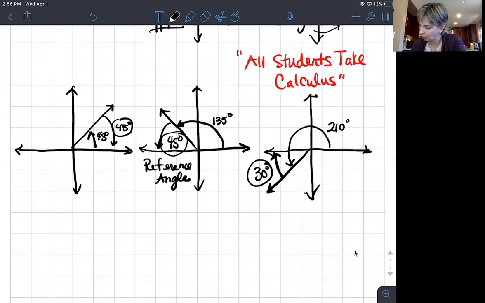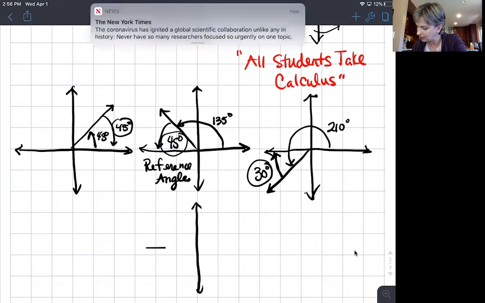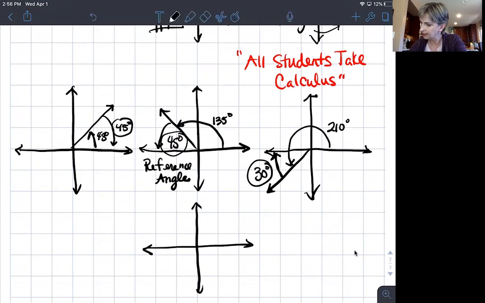Let's do one more, and then we'll put this together into why I'm even talking about this stuff today. Let's say we have 345 degrees.